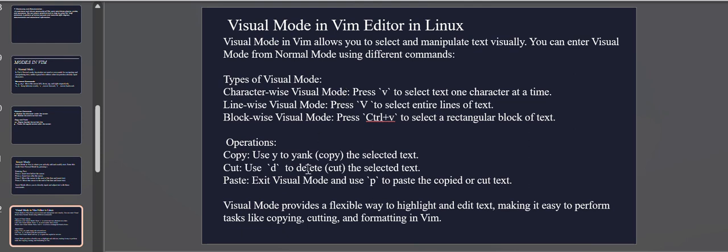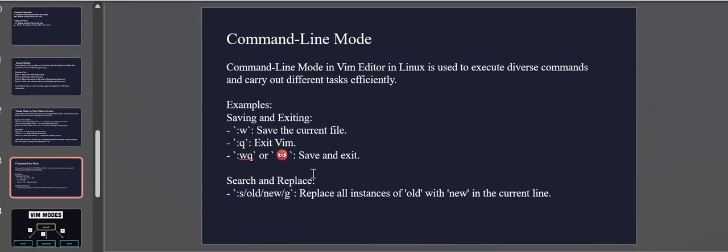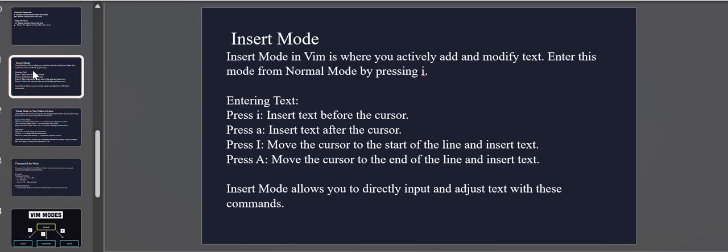In visual mode you can perform operations like copy: select the text and use Y to copy. Use D to delete or cut the selected text, and to paste, exit visual mode and use P to paste the copied or cut text.